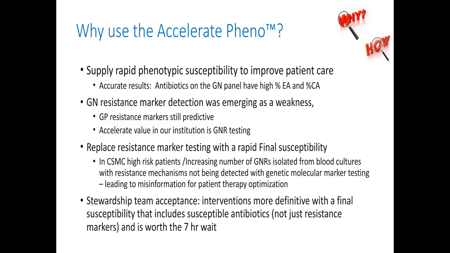So I think one could make the argument in the lack of any type of resistance testing or available information that it could be very, very useful to use the Accelerate for both gram-positive and gram-negative infections.